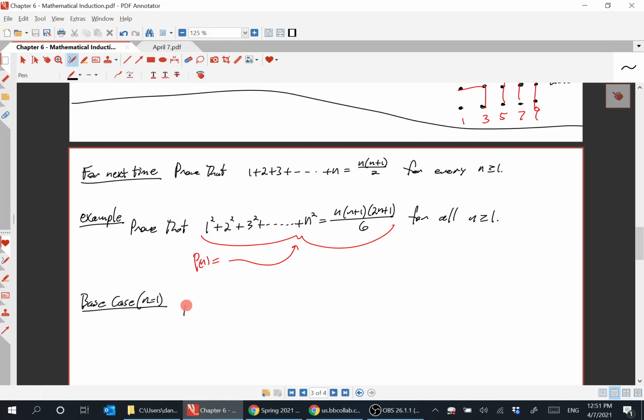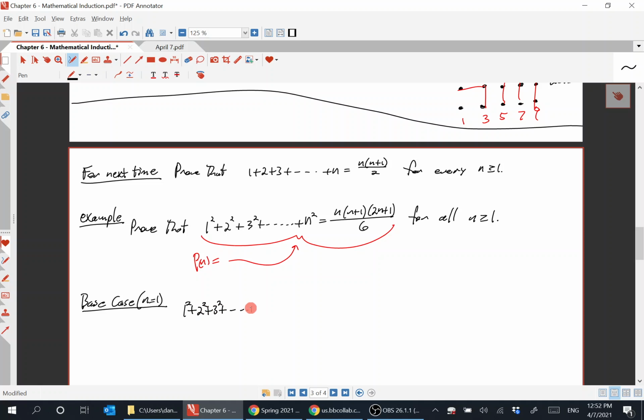All right, well, when n is equal to 1, 1 squared plus 2 squared plus 3 squared, all the way up to n squared is actually equal to what? So it's the sum of the squares of the first n consecutive integers. Well, when n is equal to 1, that's just 1.